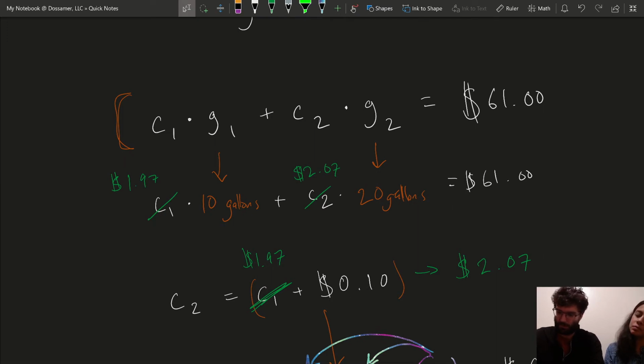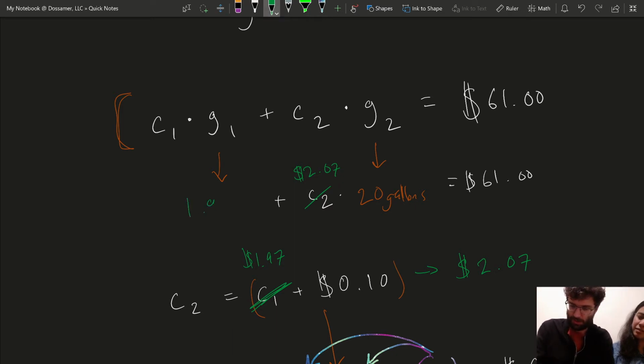Which means that up here, I'm going to again just substitute in. So cross out C1 and C2: $1.97, $2.07. Now the final step is just to do the arithmetic. So $1.97 times 10, what happens? 19.7.